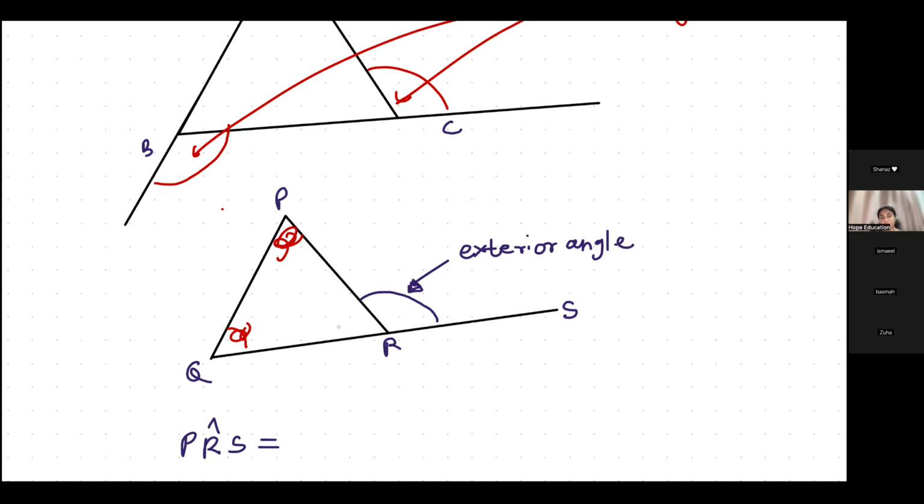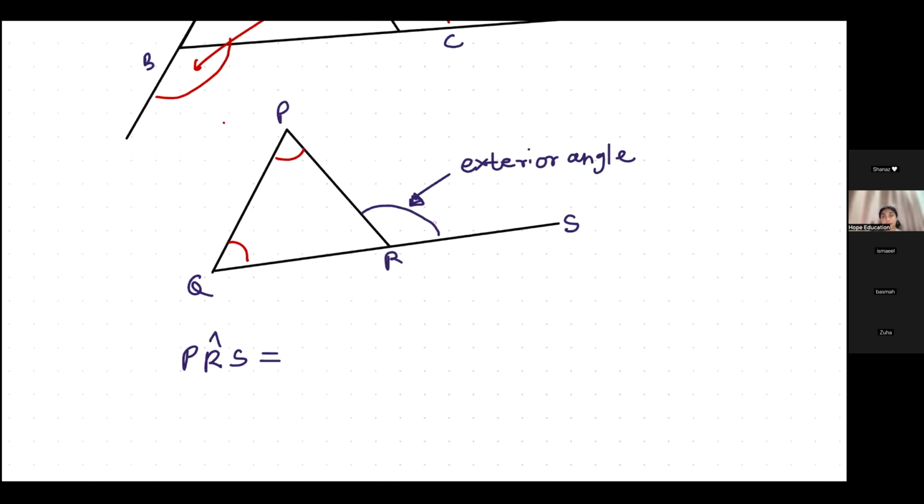But not this one. You cannot take the angle that is immediately interior to the exterior angle. The other two angles are what we are going to use. Therefore, this exterior angle PRS is equal to this angle, PQR, plus this angle, QPR.